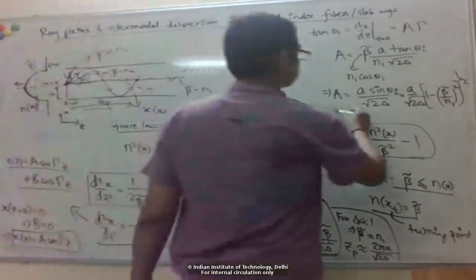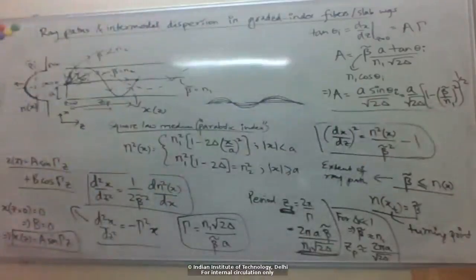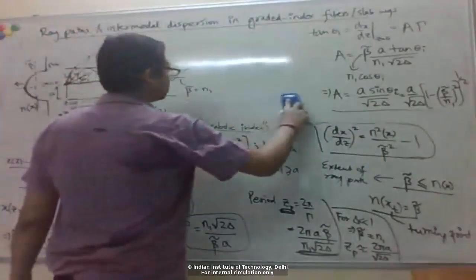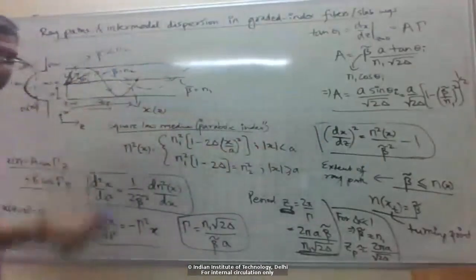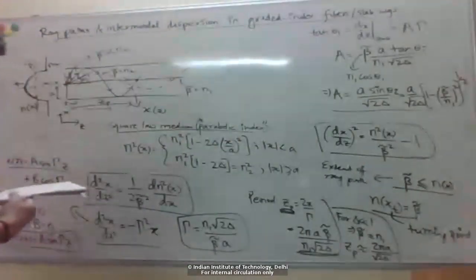Okay, so we have the complete solution then. We can write x of z in terms of the parameters of the medium and the one degree of freedom that is the initial launch angle.